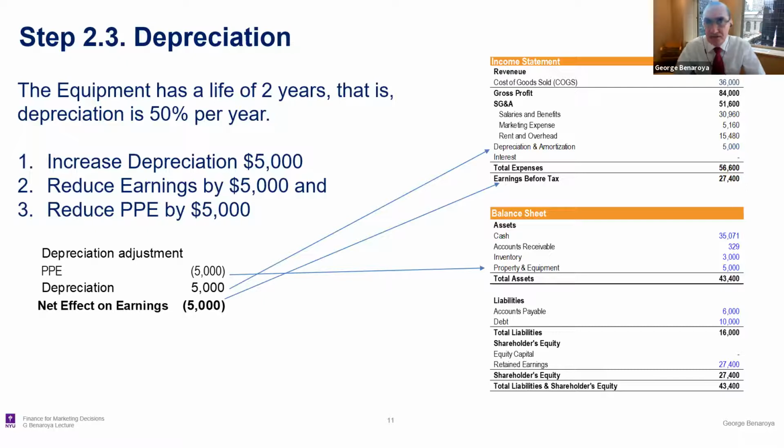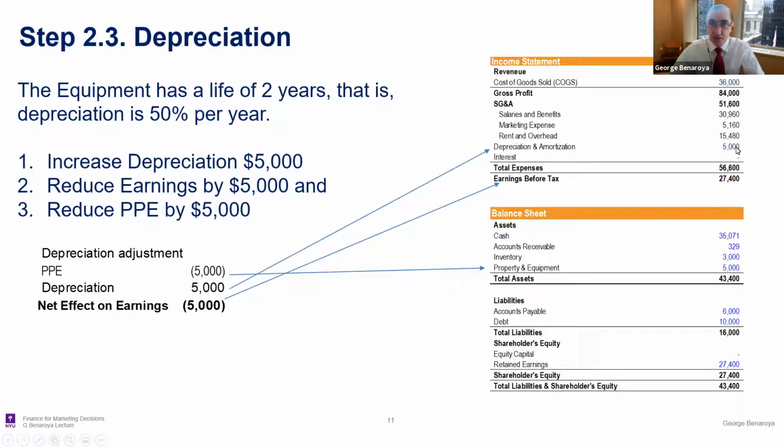Now, imagine that we want to be more accurate and reflect depreciation. And let's assume that this equipment lasts for 2 years. So the depreciation is 50% per year. So the first step will be to increase depreciation by $5,000. When we do that, the way that we look at a P&L or an income statement, we reduce earnings by the same amount.